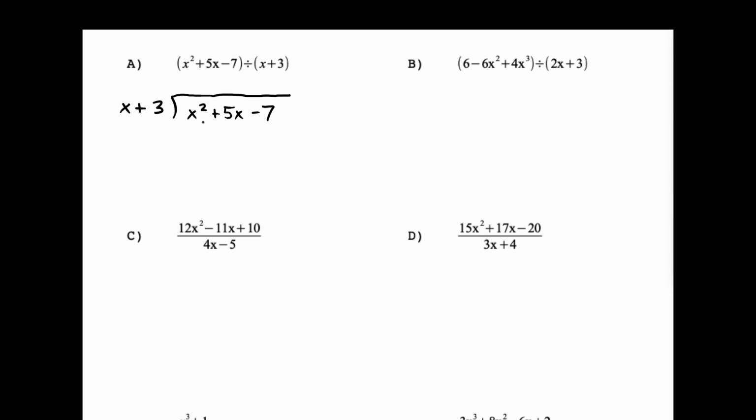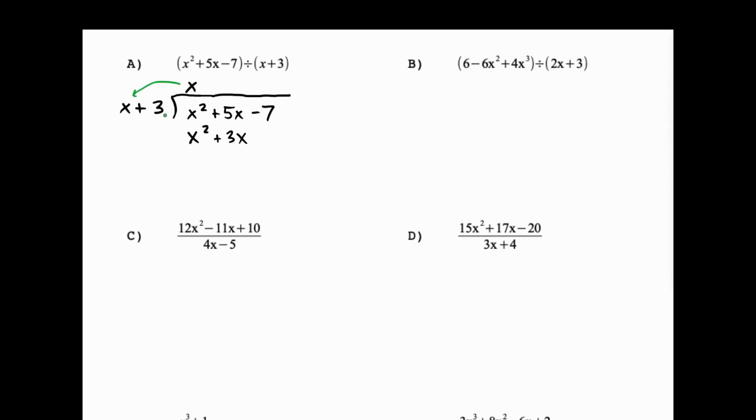We want to divide x squared plus 5x minus 7 by x plus 3. X times x makes x squared, but you do have to distribute your x to both of those terms. So you do x squared plus 3x.